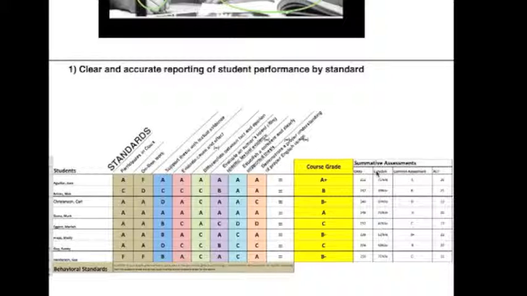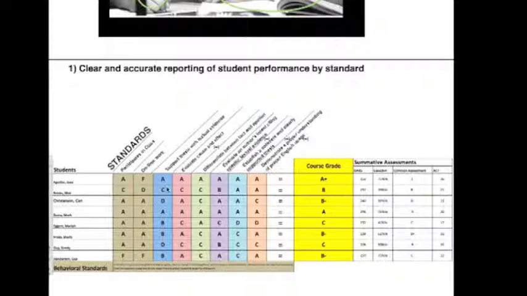Projects, larger projects, things like that might be identified here, performance-based things. But it's key then that these grades represent student performance on the identified standards, and that these are the overall grade for that particular standard.